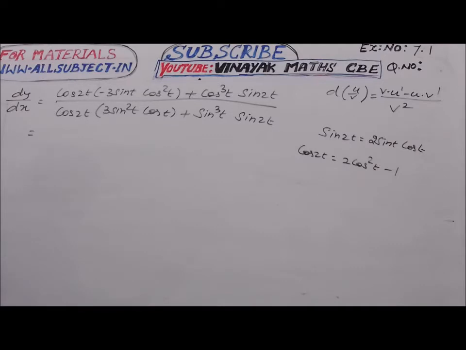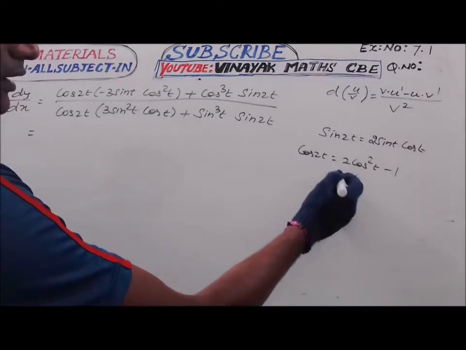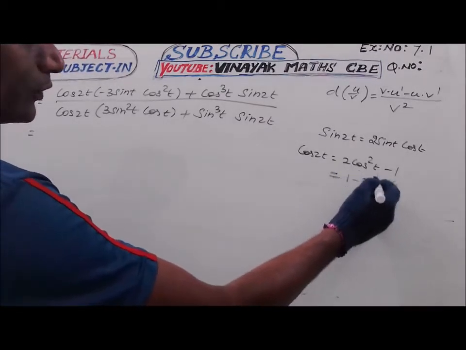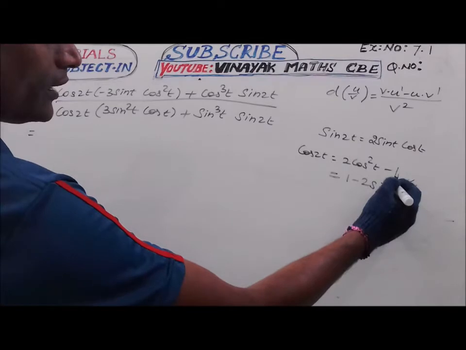Now cos 2t can also be rewritten as 1 minus 2 sin square t. There are two formulas for cos 2t here.